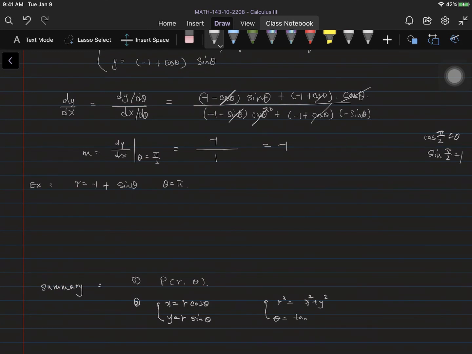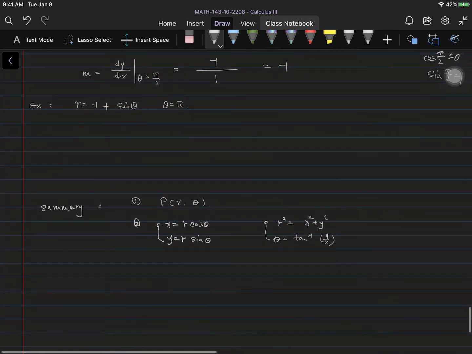Theta equals tangent inverse y over x. That's the relationship between them. We need to know how to switch the point and the equation from polar to Cartesian or Cartesian to polar. Switch from each other. Third, sketch the graph, and the graph is the polar curve. Number 4, slope of the tangent. Okay, so in this section, we just need to know those 4 things. We can stop here.